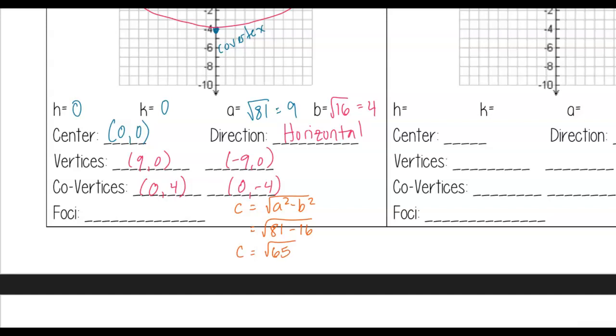And we have to ask ourselves, can 65 be reduced at all? Can I reduce that square root? Is there a perfect square you can pull out of this 65? Is there a perfect square factor that goes into 65?